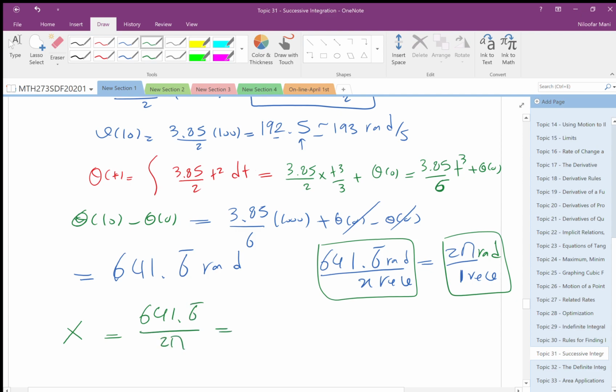And the answer is, so I don't touch my calculator, I can divide it. So I divide by bracket 2 times pi. Okay, that's 102.1. So it is almost 102 revolutions.